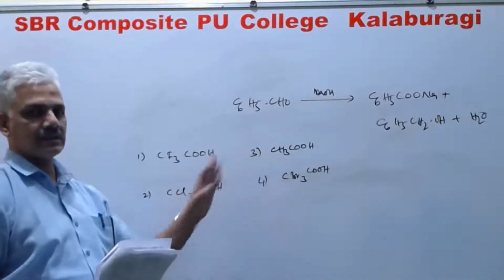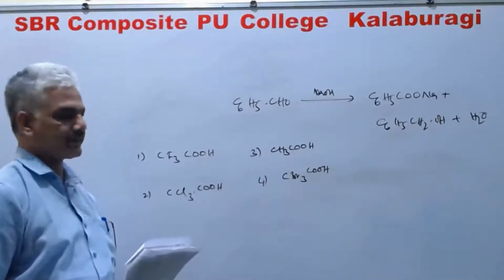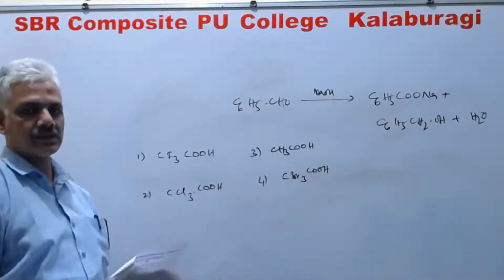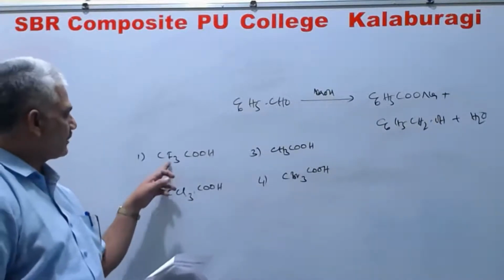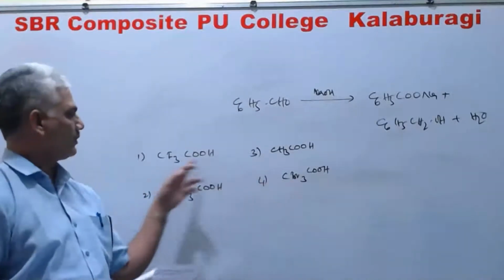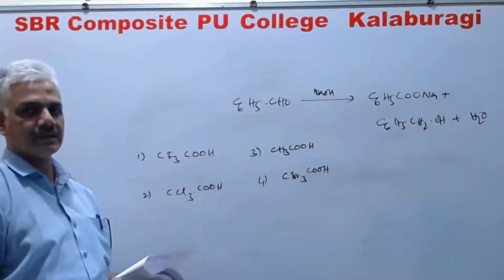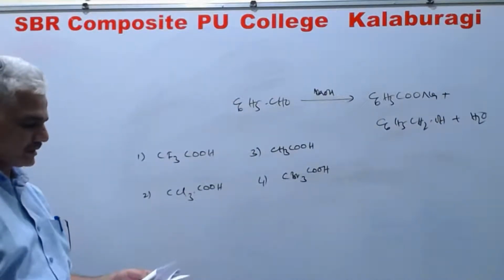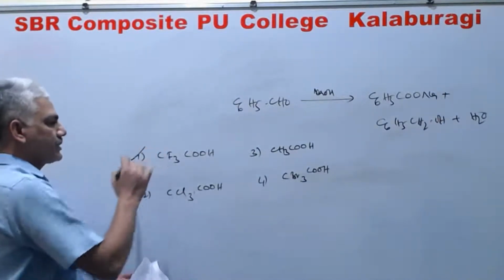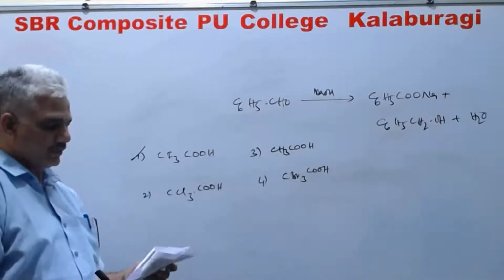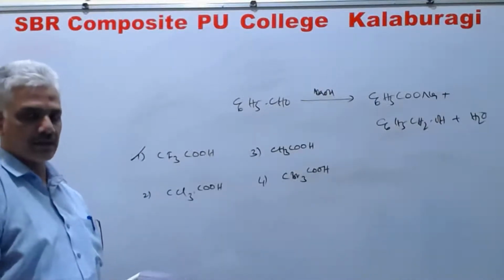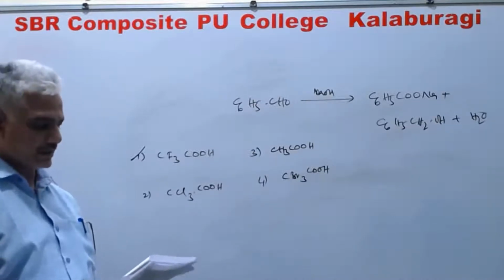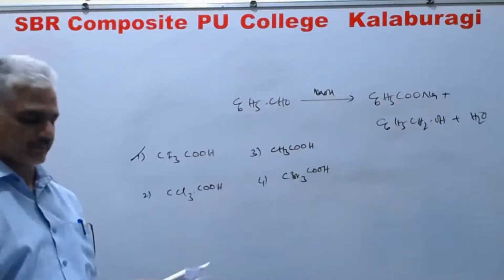Third option is just pure carboxylic acid. Whenever electron withdrawing groups are present, the acidic strength increases. And among fluorine, chlorine, and bromine, fluorine exerts maximum minus I effect. Therefore, among these, which is the strongest acid means you can go with the first option. Trifluoroacetic acid or 2,2,2-trifluoroethanoic acid is its IUPAC name.